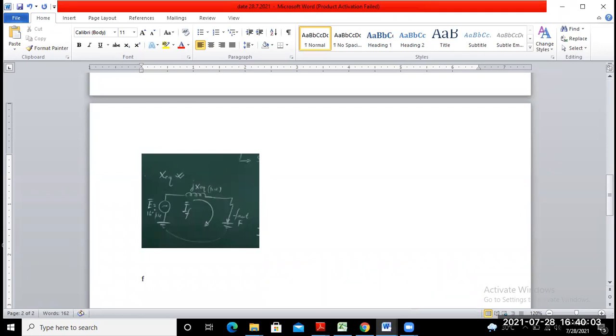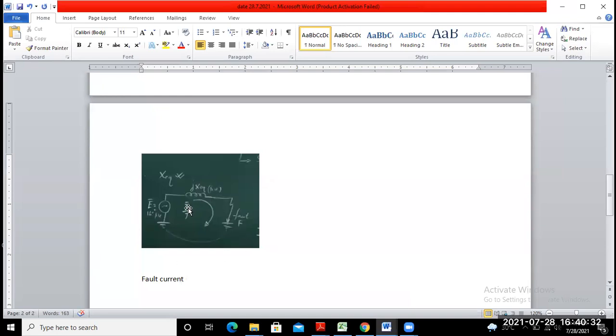So how can we write the fault current? That is represented by IF equal to E divided by JXE, given in per unit.